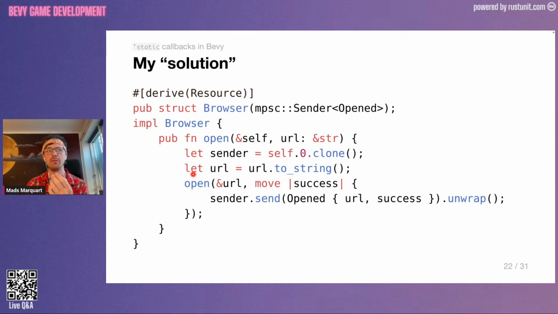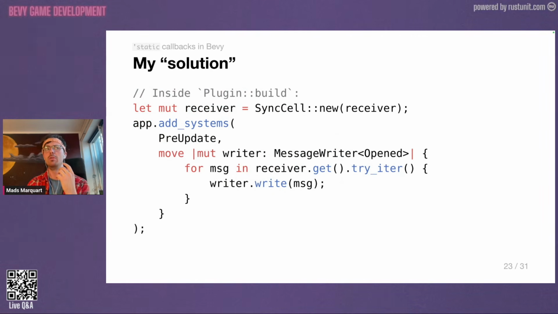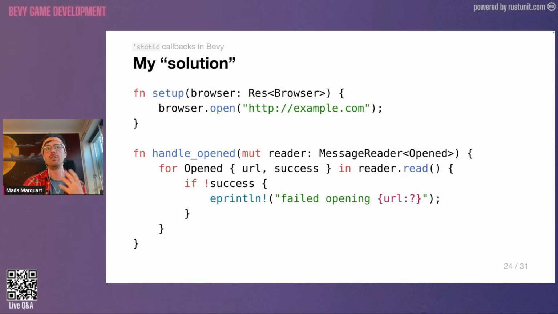when you do something, for example, when you open the URL, you send the message to a channel, a normal Rust channel, and then on every update, you check this channel and see if there's any new messages, and then you write it to a message writer, and then you can, inside of your normal Bevy code, inside your systems, call a function where you open the URL, and then you can handle this opening with a message reader.